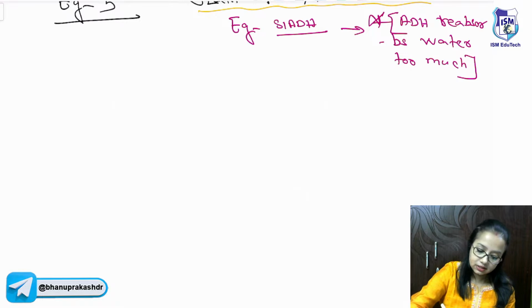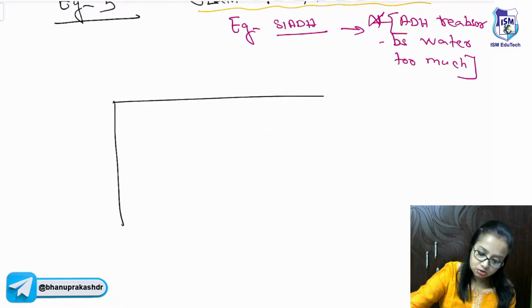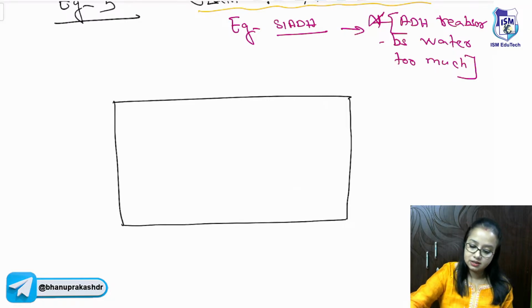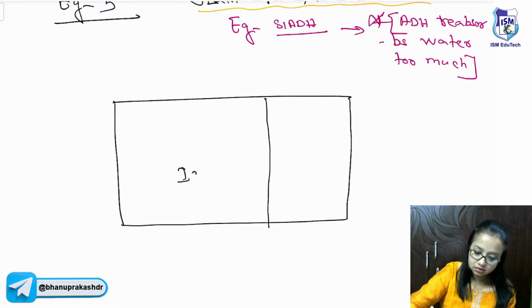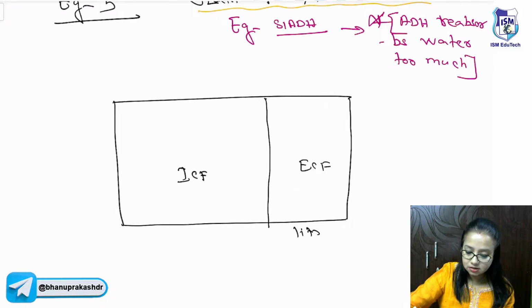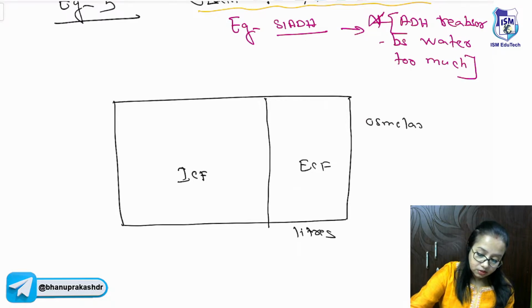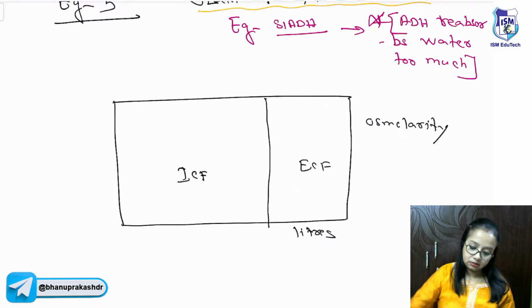So when this is happening, if we draw the Darrow-Yannet diagram, what stands out? This is the ICF, this is the ECF, this is our liters, and this is osmolarity.